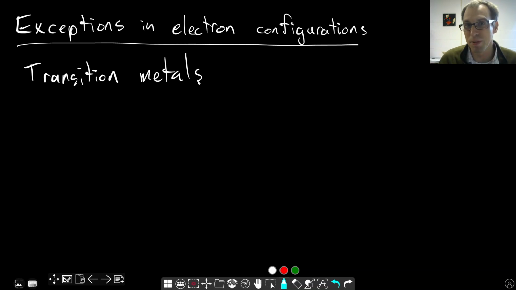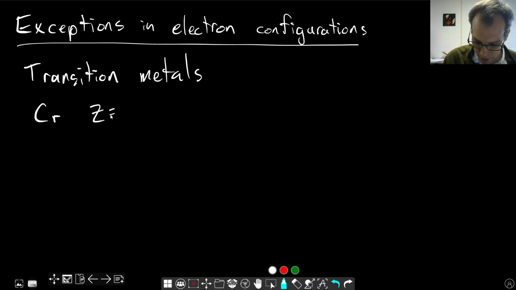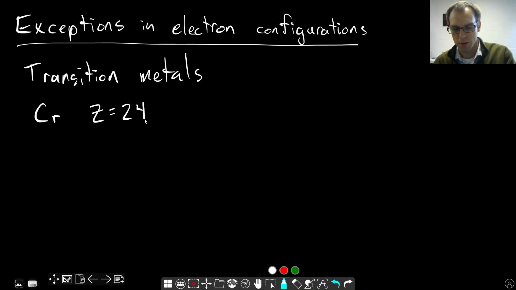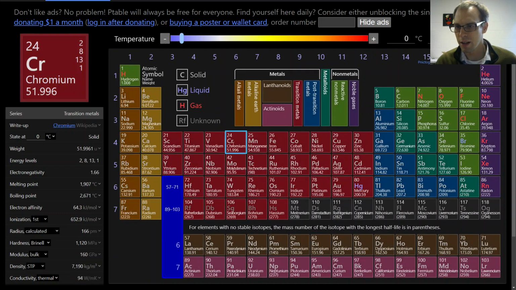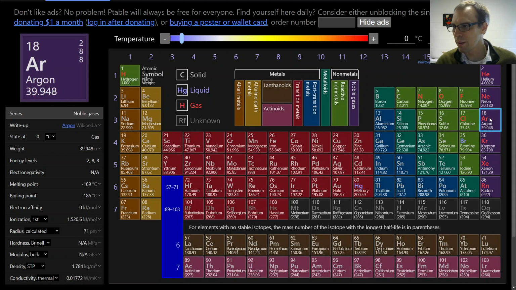So let's look at a couple of examples to explain what we're talking about here. The element we're going to look at is chromium. This is atomic number 24, and if we go over to our periodic table, chromium is right here, element number 24. Its core electrons are going to be everything up to argon.